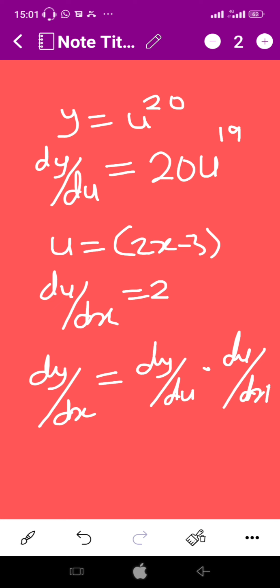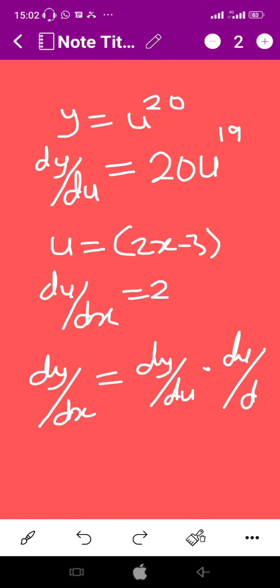Okay, now we have obtained du/dx. Now that we have dy/du, this is our dy/du. We have it here, so we are going to apply it here. We have dy/du and we have du/dx. This is our du/dx too, so we are going to apply it here. We can do that on the next page.